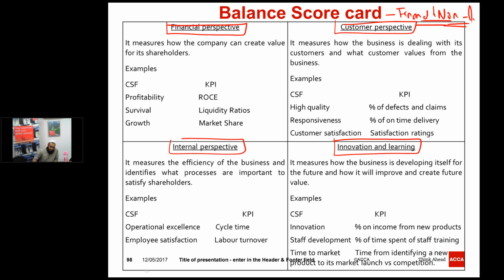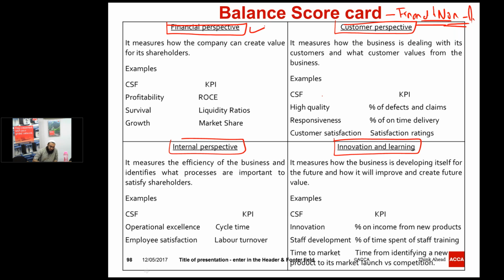Okay, so considering balance scorecard, if you want to check a company's performance, then you apply scorecard on it. If you apply scorecard on it, it will give you a balanced impression. It will ensure a balanced performance assessment is being made. Okay, so there are four perspectives to that.